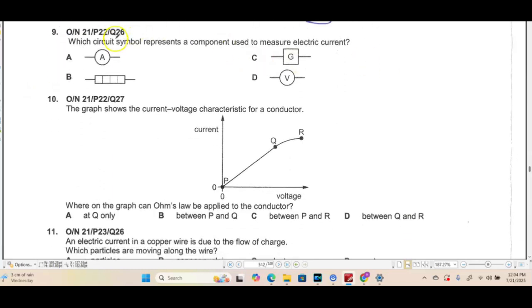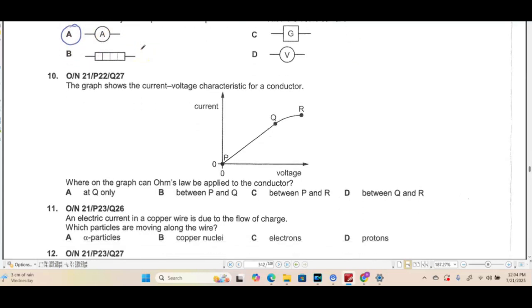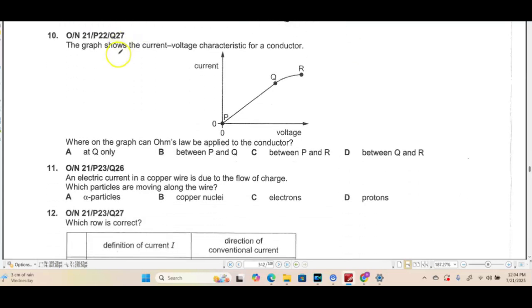Question number 9. Which circuit symbol represents a component used to measure electric current? The component used to measure electric current is the ammeter, so it's going to be A. Question number 10. The graph shows current voltage characteristics for a conductor. Where on the graph can Ohm's law be applied to the conductor?